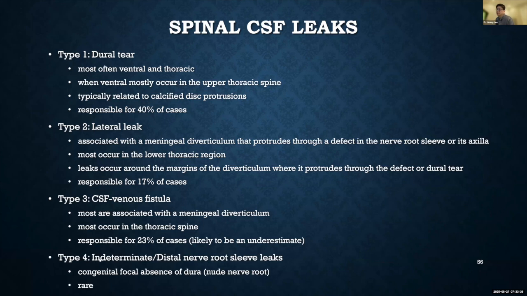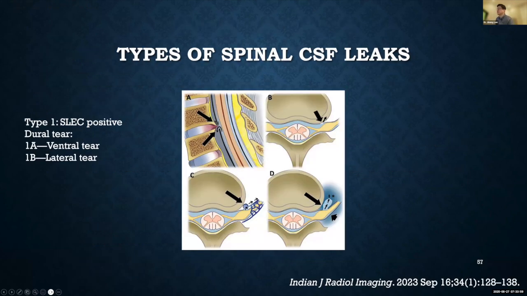Type 4 is very rare. It's called indeterminate. Sometimes people think it's a distal nerve root sleeve. Because it's distal, you're not going to get any collections in the spinal column. You can think of type 1 and 2 as typically a younger age group, younger adults, and type 3 typically middle age or older. These are schematics showing the 4 types.